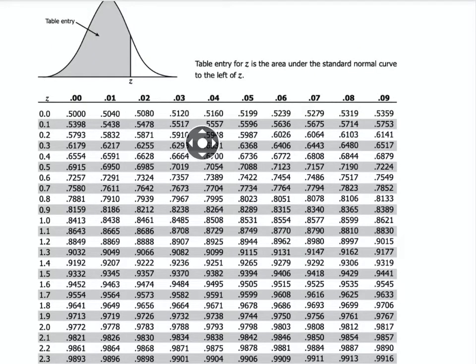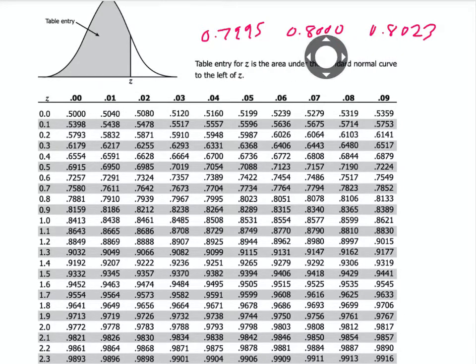Now we are looking for 0.8000 in the middle of the table, but we cannot find that number. You see, we have 0.7995 and we are looking for 0.8000 and the next number is 0.8023.